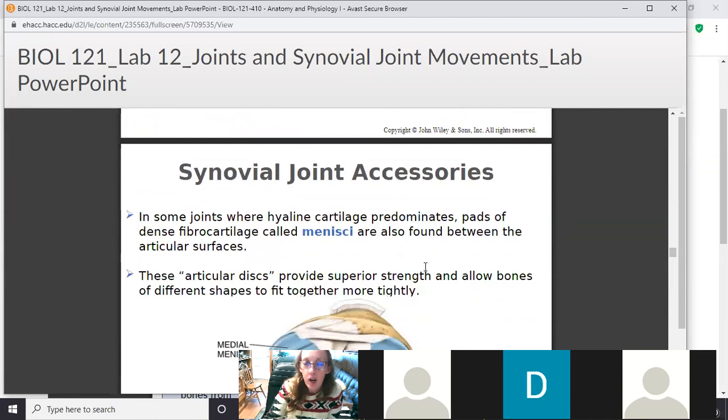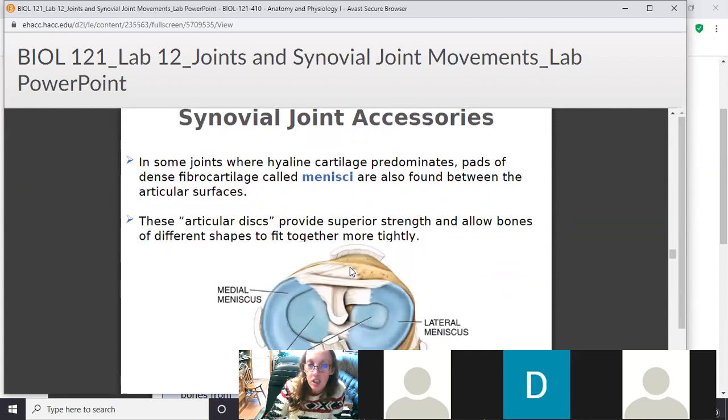In some joints where hyaline cartilage predominates, the pads of dense fibrocartilage called menisci are also found between the articular surfaces. These provide superior strength and allow bones of different shapes to fit together more tightly.